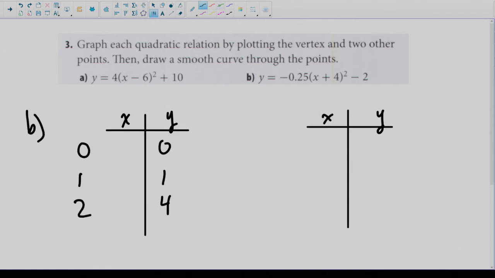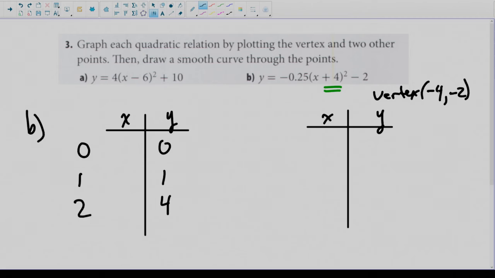And now let's look at what's happening to our x values. Well, our x value is at plus 4. Now notice they didn't ask you what the coordinate of the vertex is, but they did say by plotting the vertex first. So what would our vertex be? Our vertex is going to be the opposite sign of the plus 4, so minus 4, and the exact same sign and number for the k, which is minus 2.